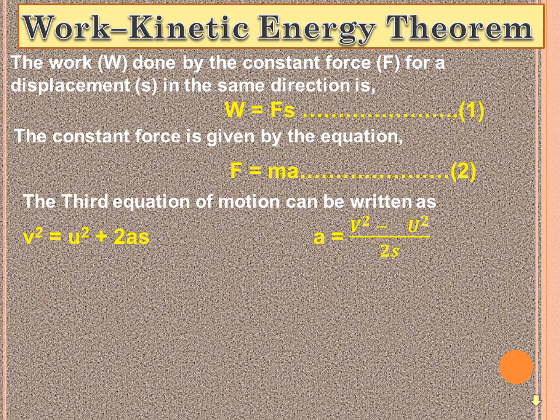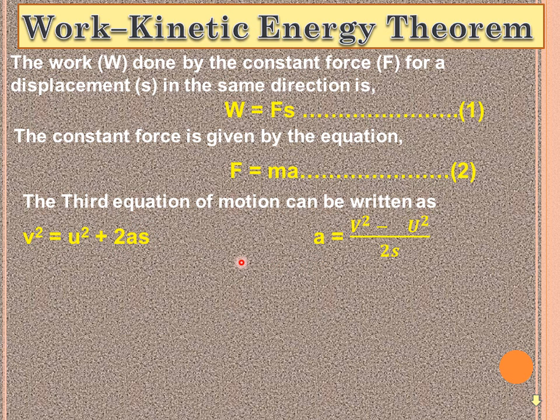The third equation of motion can be written as v square is equal to u square plus 2as. If you take the acceleration a to the left hand side, then you have v square minus u square divided by 2s.